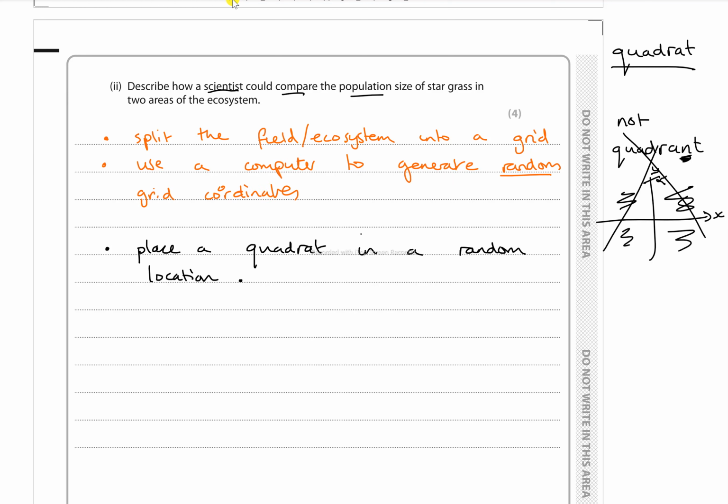Place the quadrat in the random location. Count the star grass. Would you count? Yeah, I suppose you could count it, because if you start digging it out, then I don't know. So count the star grass in each quadrat.